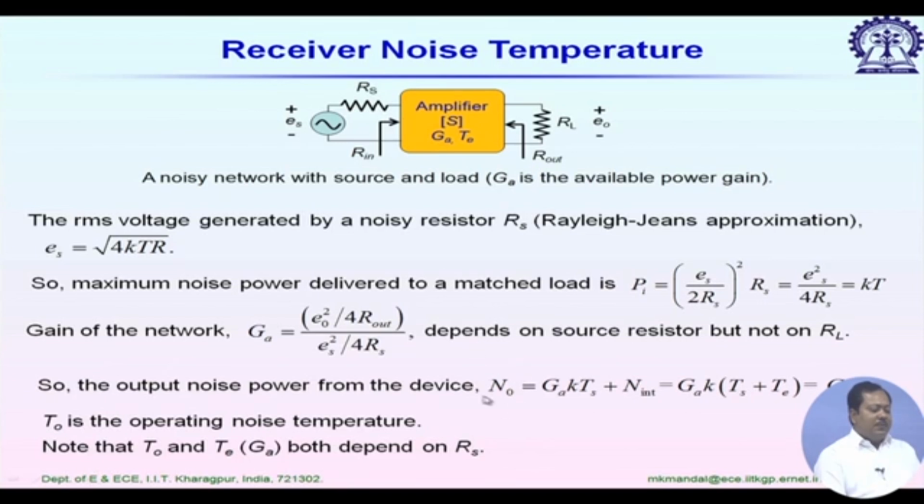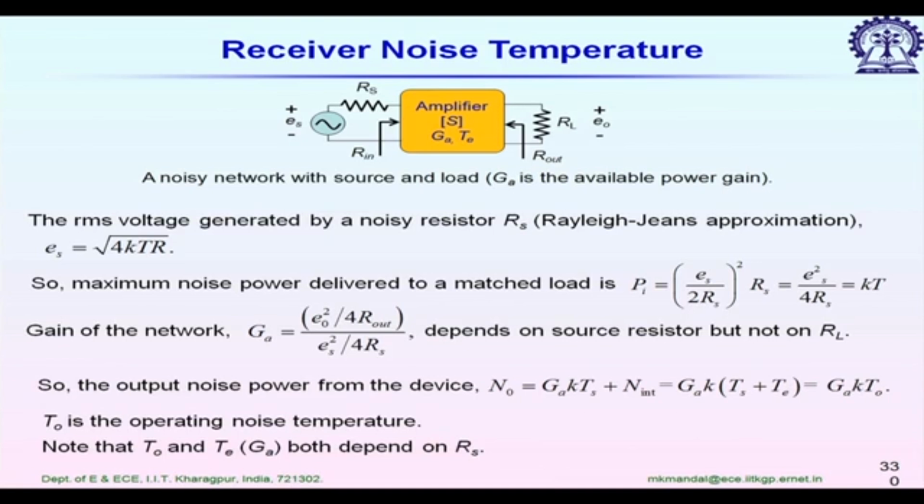The output noise power contains the contribution due to the external noise source, which is Ga k Ts. In addition to that, the amplifier itself produces some noise, which is given by Ga k Te. Altogether, this effect we can represent by an operating noise temperature T naught. So N naught is equal to Ga k T naught.